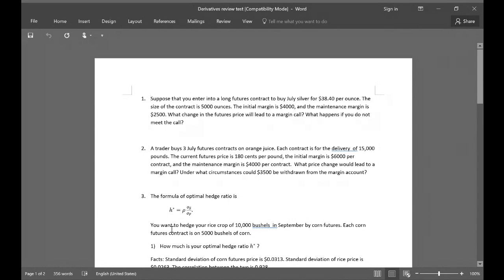So what is T here? Let's figure it out one by one. T is equal to 9 months divided by 12 months. That should give you 0.75 years.